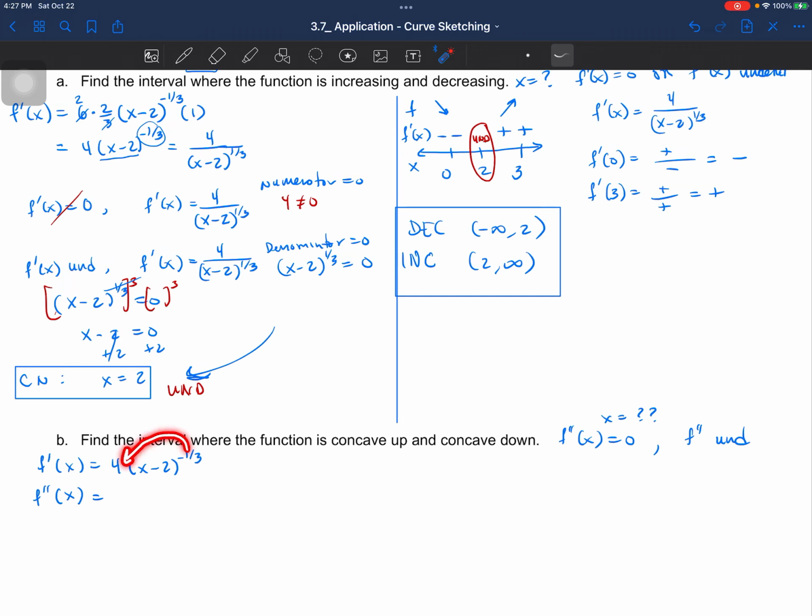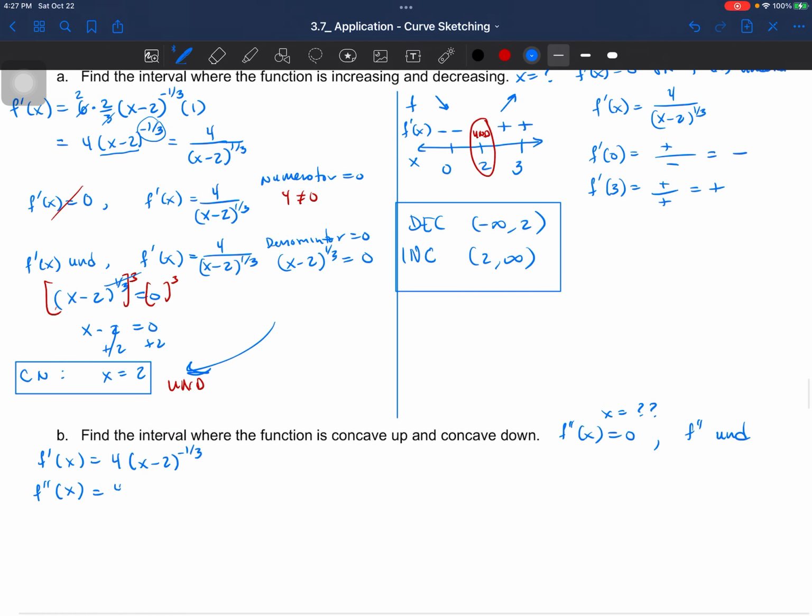So we have to use the chain rule because we have a function inside the power function. We take the derivative of this using the chain rule by bringing the power down and multiplying by 4. So that's 4 times negative 1/3 times x minus 2. Leave the inside as it is, and then subtract 1 from the power.